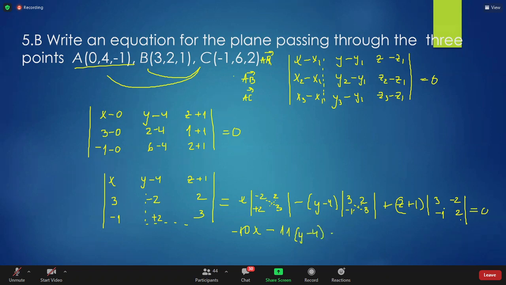Plus 6 minus 2 is 4, 4 times z plus 1 equals 0. And then we can open up and make the general equation. So it would be minus 10x minus 11y plus 4z, and then we have 44 plus 4, that means plus 48 equals 0, something like this.